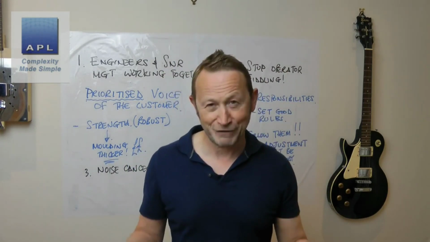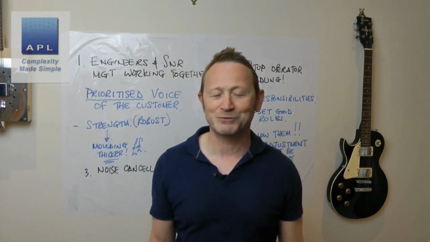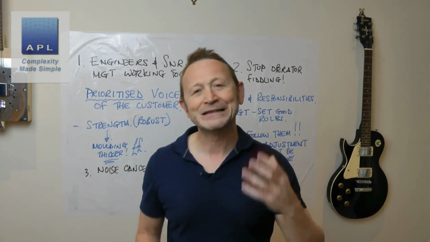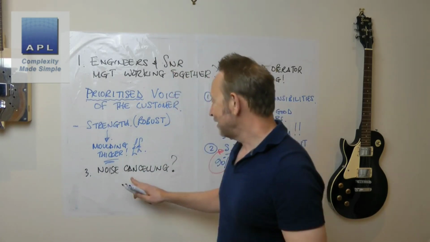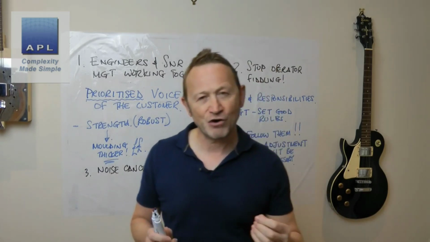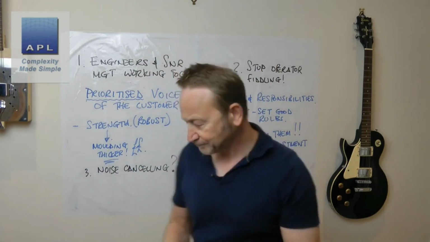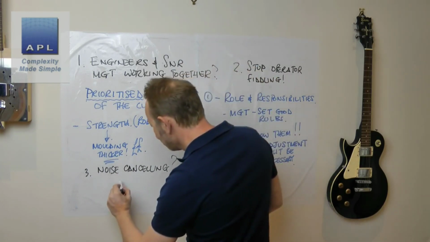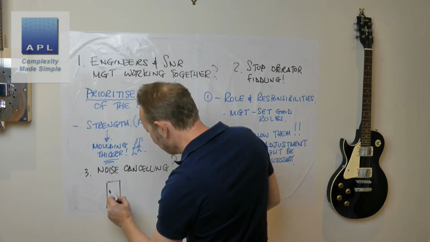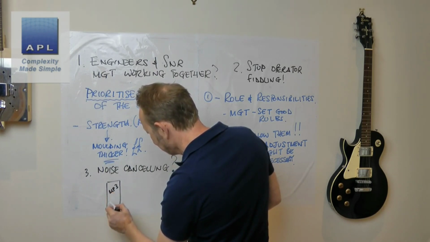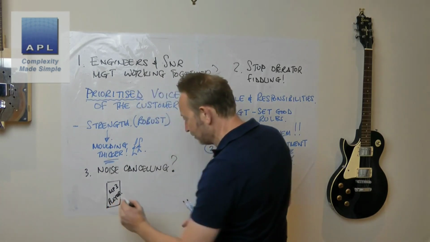And unfortunately, Frank, I know that you work in the world of electronics, I think, where noise cancelling is possible. I wish it was possible, but it isn't. And the reason it isn't is because in the world of electronics, there's a couple of things going on with noise cancelling. In an electronic system, so you are listening to your MP3 player and you've got noise cancelling software on it.